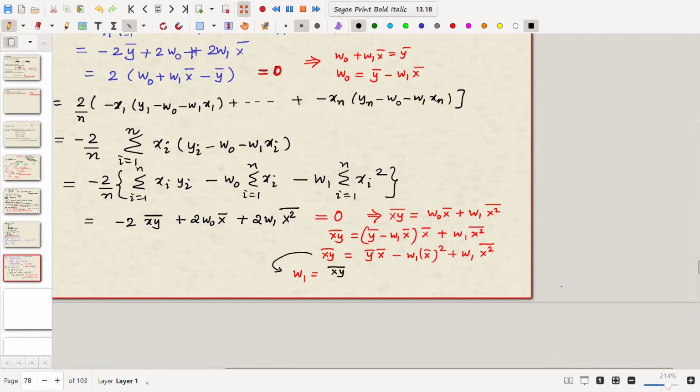So xy whole bar minus x bar into y bar, two things that are different, divided by x squared bar minus x bar whole square. So you now know that this is the value of W1.